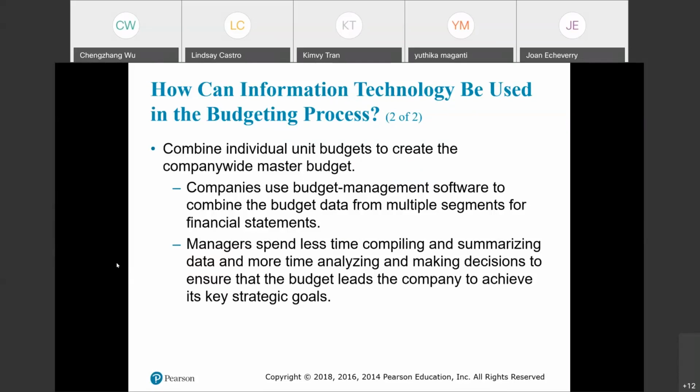The result is that managers spend less time compiling and summarizing data and more time analyzing and making decisions that ensure the budget leads the company to achieve the strategic goals.